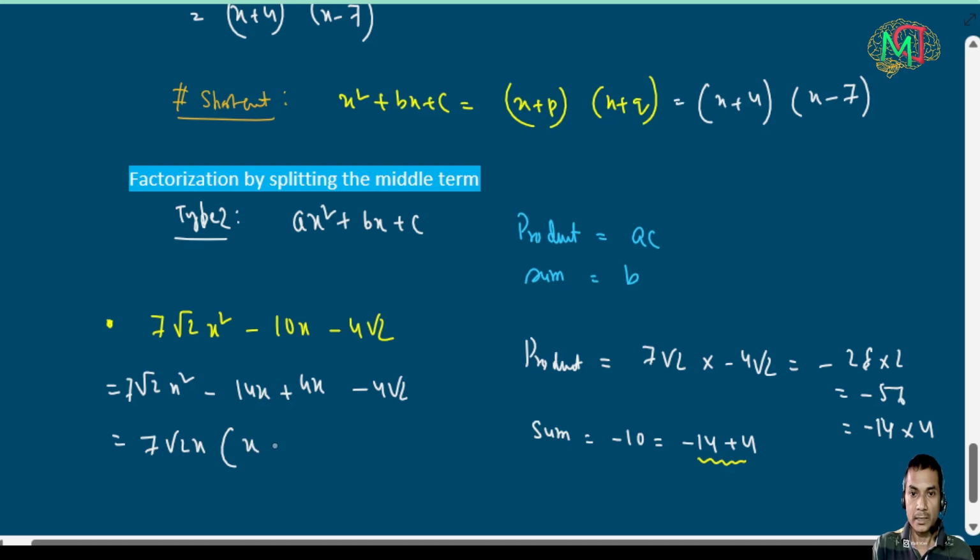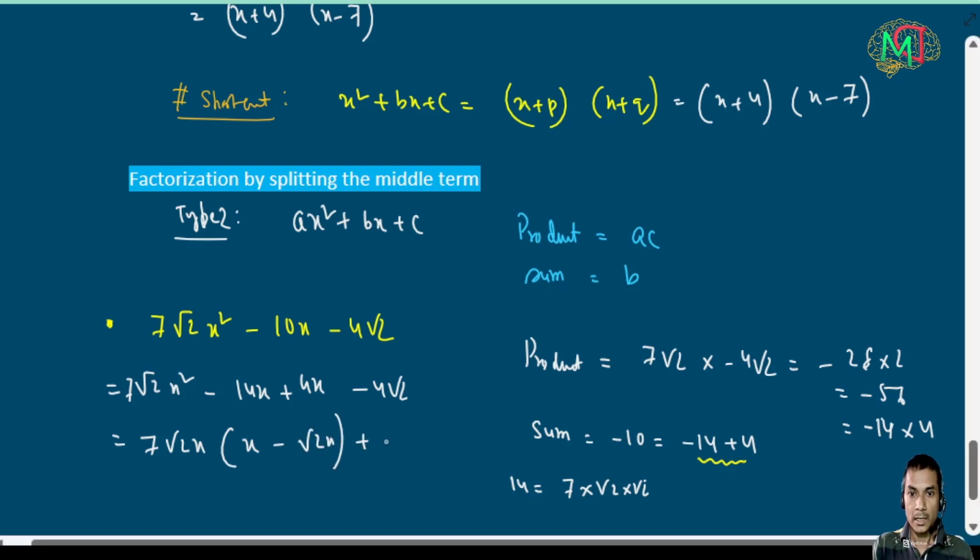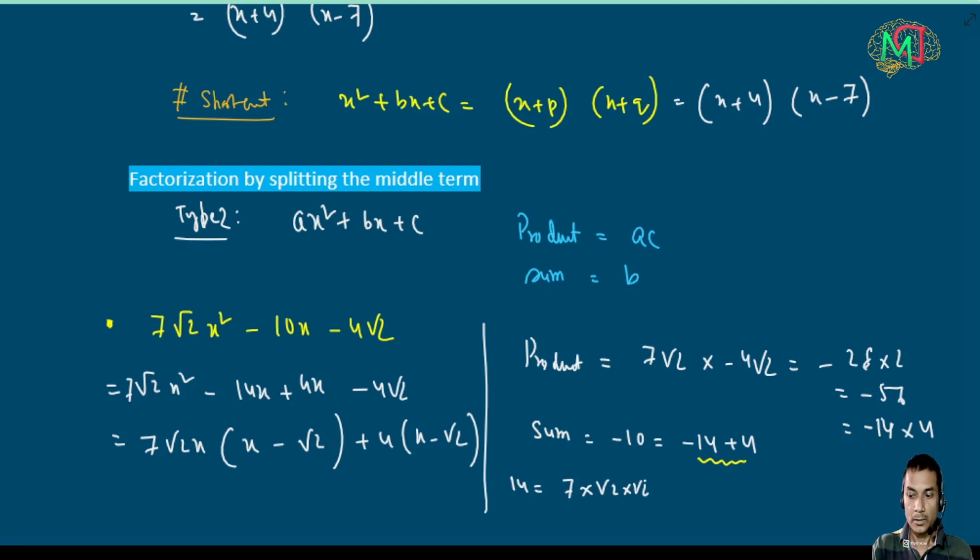Remaining is x, minus here 14 we can simplify as 7 into 2, that means 7 into 2 is equal to 14. So if we take this 7 root 2 common from here, what remains? That is root 2 x, and here if we take the common, x minus root 2. It is not the x actually, 2x. Clear?